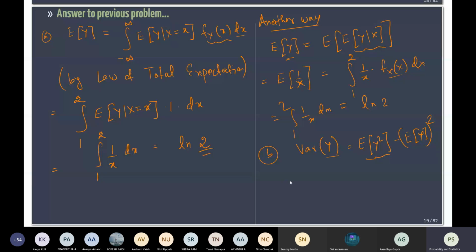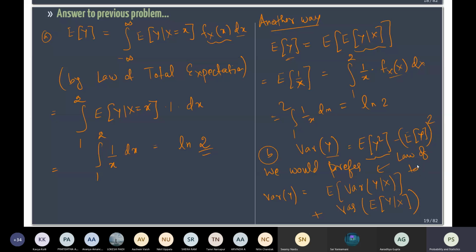Rather, we would prefer to use the law of total variance. According to that, it is the expectation of the variance of y given x plus the variance of the expectation of y given x. So this is the law of total variance. If we have that, then we can write this now.